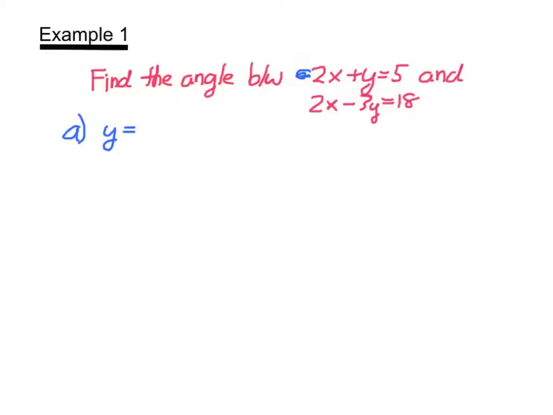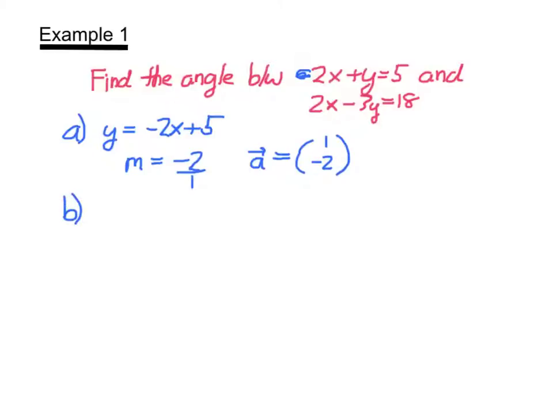And so I'm going to subtract 2x from both sides to rearrange that equation. And therefore my slope is -2, or -2/1. Therefore the direction vector for this line is equal to 1/-2.